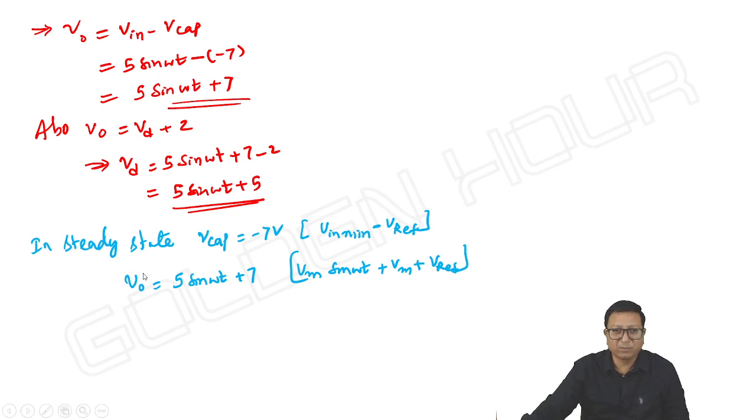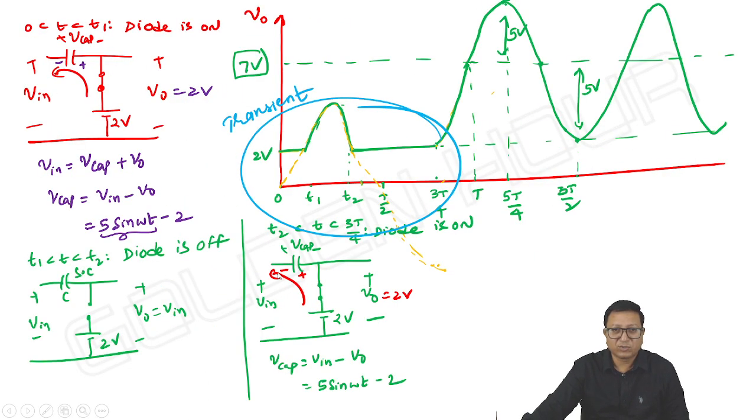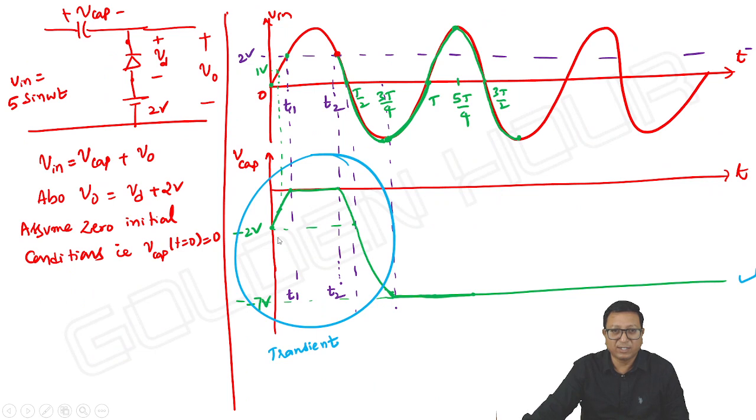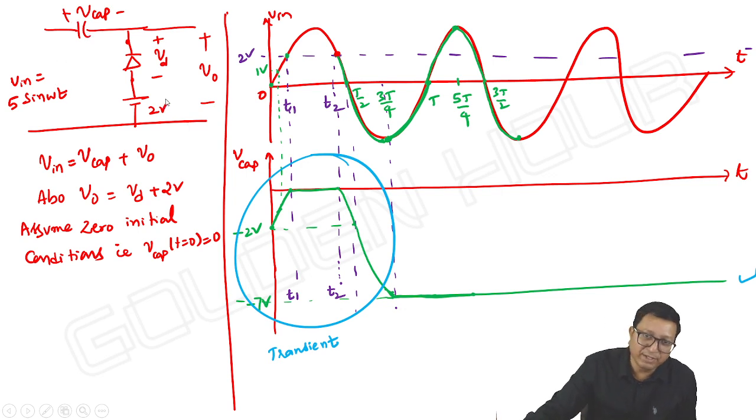Okay, and one more point I would like to mention. Students may be thinking, how does it start with a minus 2 capacitor voltage? Yes, once the diode is on, the capacitor starts charging rapidly towards input minus V reference. So that is 0, minus 2, minus 2.